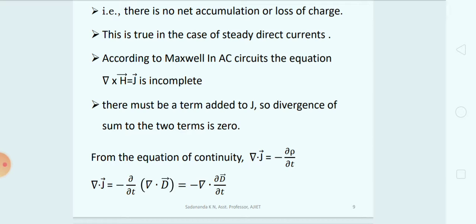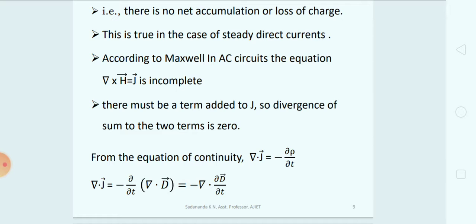This rho is nothing but divergence of D, because we have proved that divergence of D is equal to rho v, that is, net flux through the surface is equal to volume charge enclosed by the surface. Based on that concept, I can write rho equal to divergence of vector D, so divergence of J is equal to minus divergence of dou by dou t of vector D.